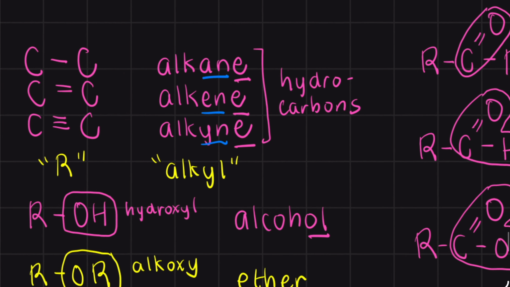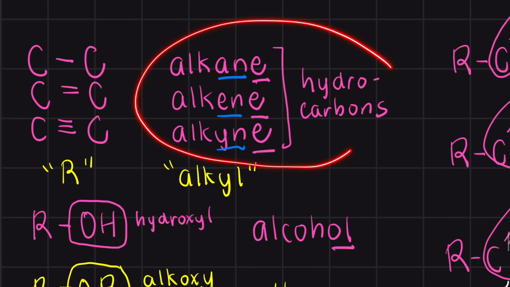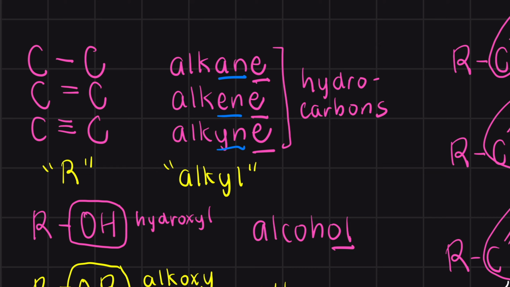You may see, though, that as I zoom in at our hydrocarbons, the only one with the real pink underline is e. But in most cases, many books and references will tell you that, simply put, the suffix of these are ane, ene, and yne for single, double, and triple.